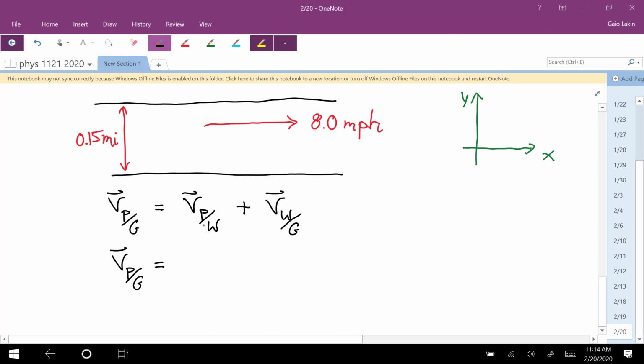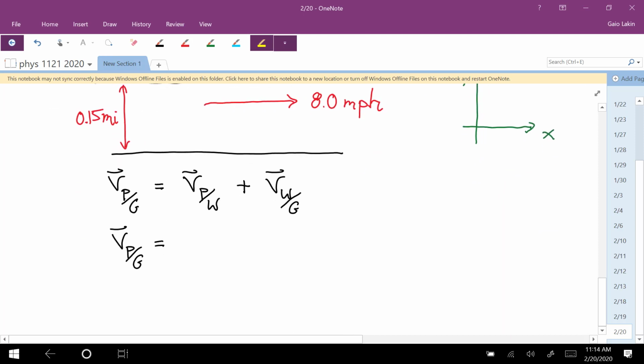The velocity of the person relative to the water is going to be in the positive y direction at, what did I say, 4.5 miles per hour. So 0, 4.5. And then the velocity of the water relative to the ground is this 8 miles per hour in the positive x direction.